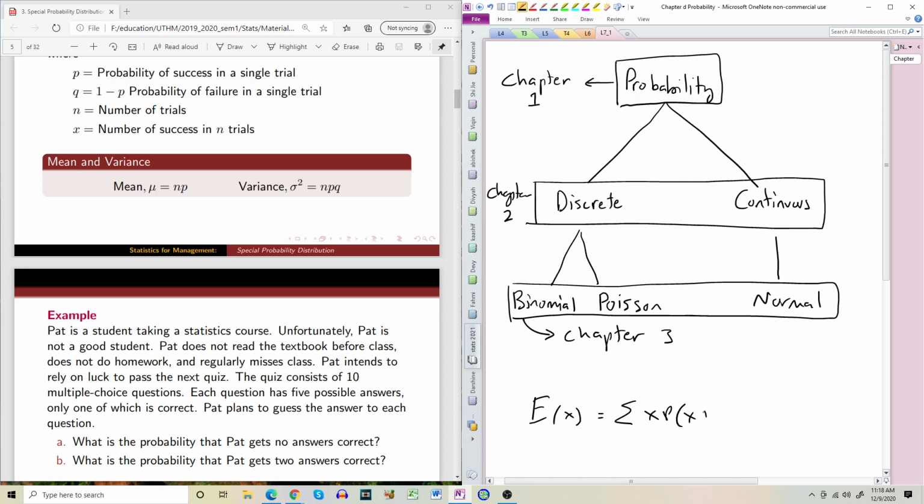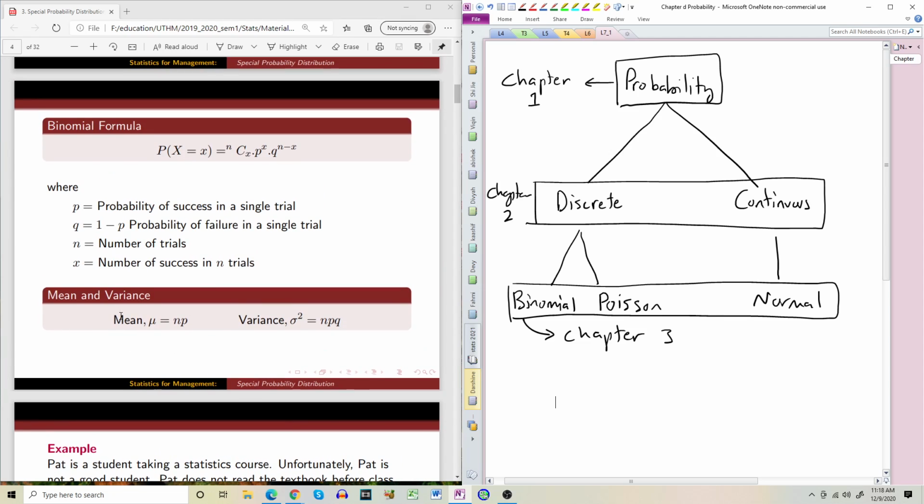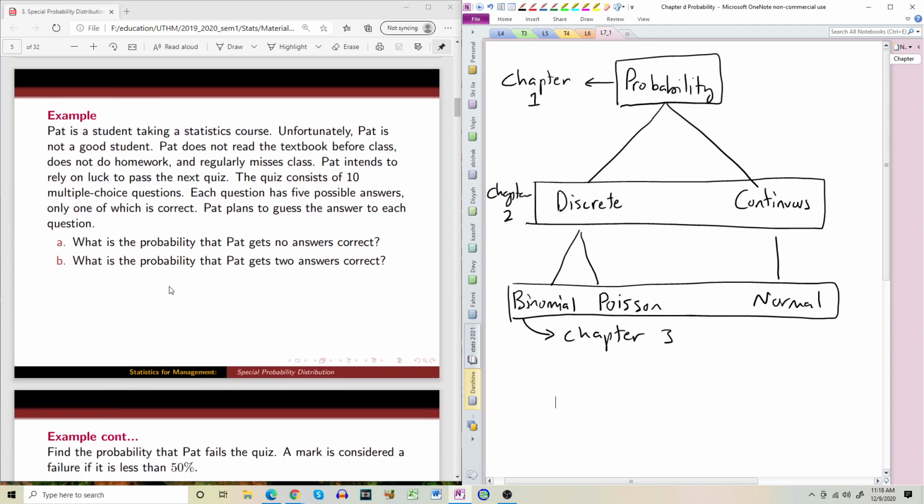No need anymore. If you want to find the expected value or mean, it is n times P. N is the number of trials, P is the probability of success. And for variance, it is NPQ, where Q is the probability of failure. We will see one example, maybe you will understand more clearly.